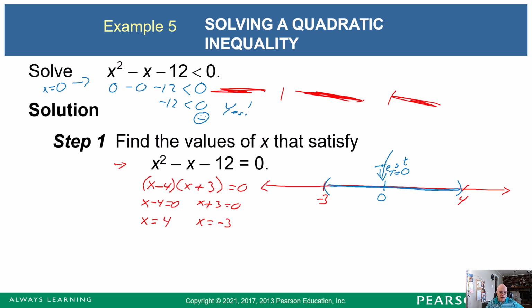Why? Because our test point was between those two. We checked it out. It was the right area for our set of numbers, and so we fill that in. If you want to write it another way, we can use interval notation, negative 3 to 4, like that. Remember, 0 was in the middle. That was our test.